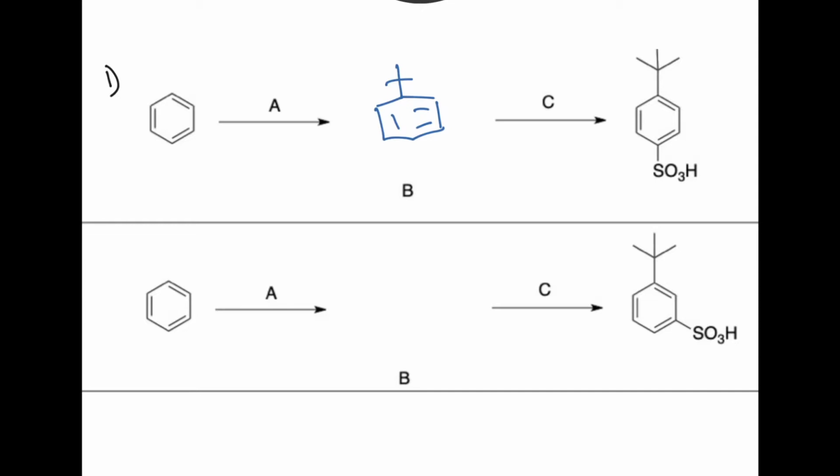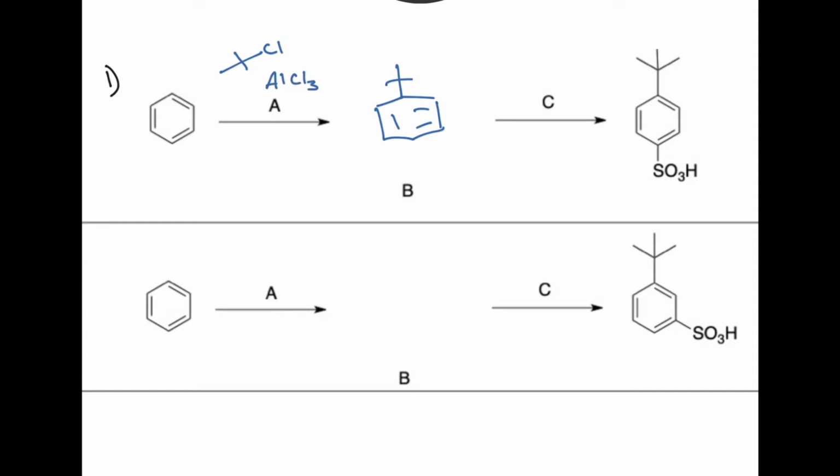So how do I put a tert-butyl group onto a benzene ring? Friedel-Crafts alkylation. You would basically take your tert-butyl group, put a chlorine or a bromine on it, and then add the correct catalyst.